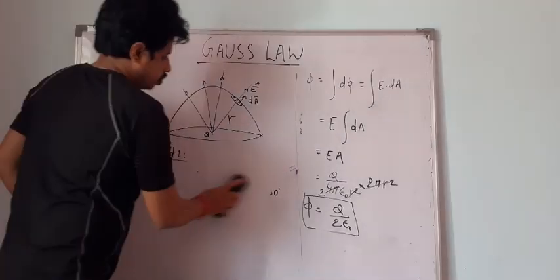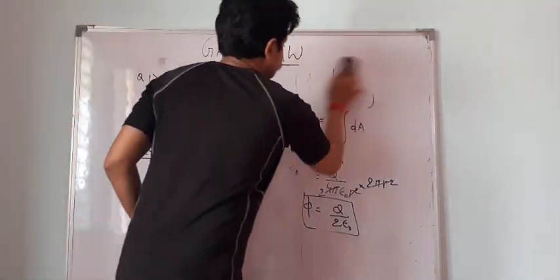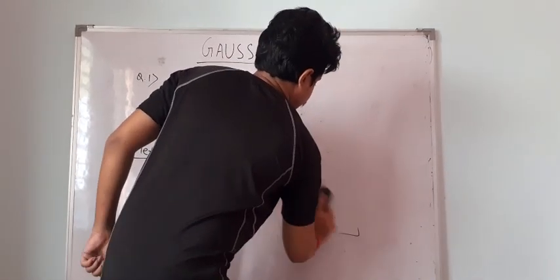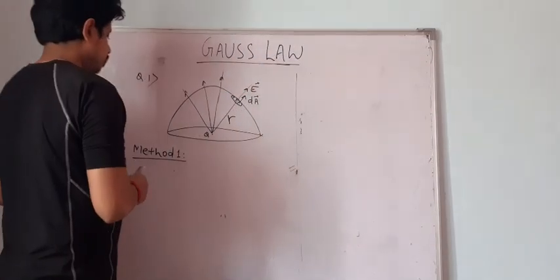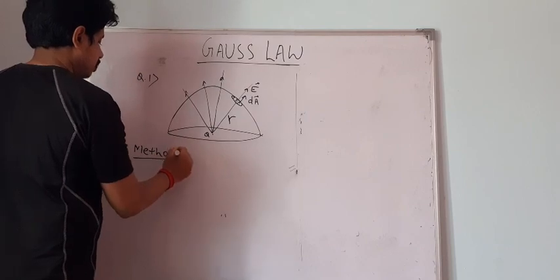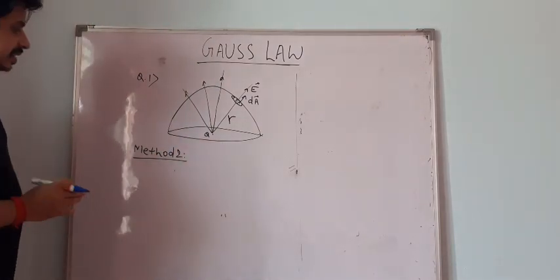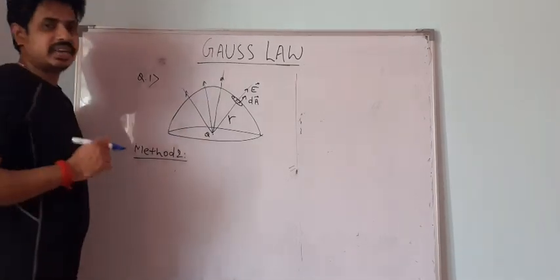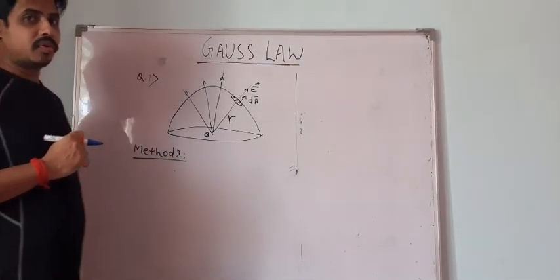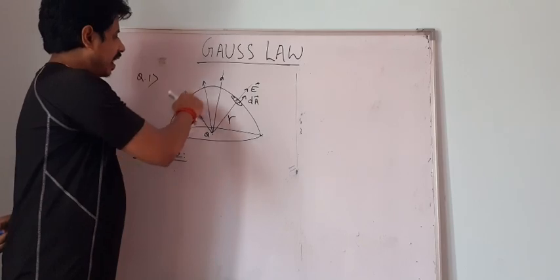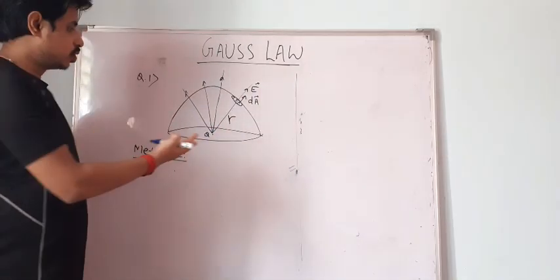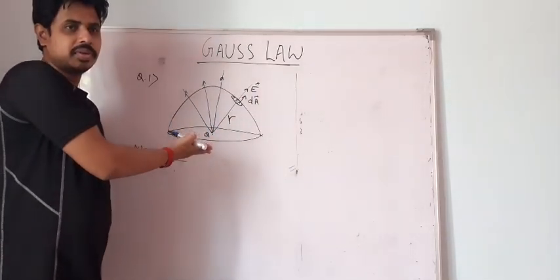Now method 2 using Gauss law. That is very easy. First thing, Gauss law is applicable for a closed surface, and this is not the closed one. This is open, open at the bottom.